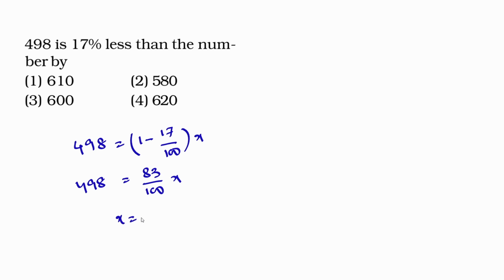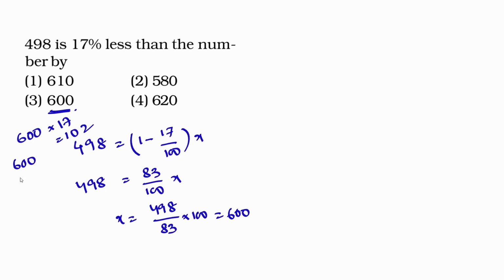So x is 498 by 83 times 100, that is 600. I guess you could even go with the options here and calculate. This is the simplest number. So 600 times 17% would be 102. And if you subtract 102 out of 600, that would give you 498. So this would be the correct answer.